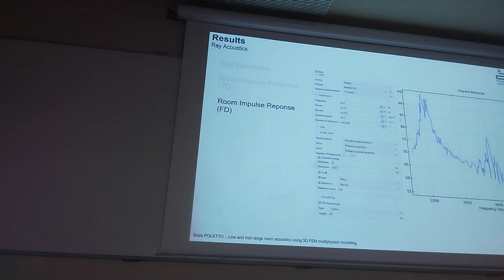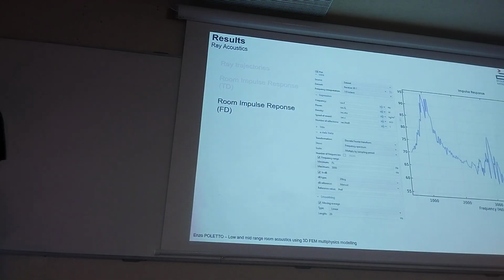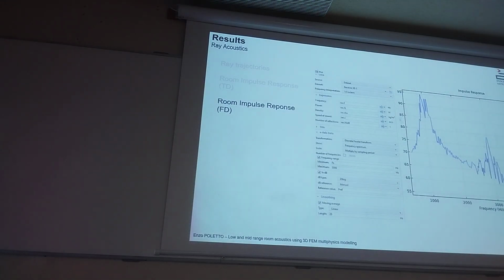And now the impulse response. So we're in the time domain with wave acoustics. But what I like to look at is a frequency domain graph. For that, I'm using something called a discrete Fourier transform that takes the impulse response in time domain and shows me the equivalent in the frequency domain.